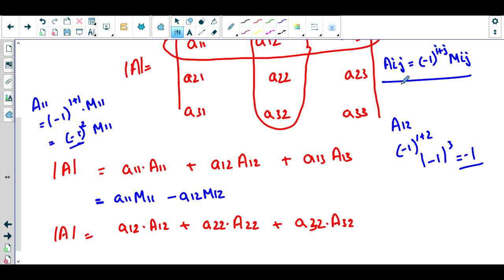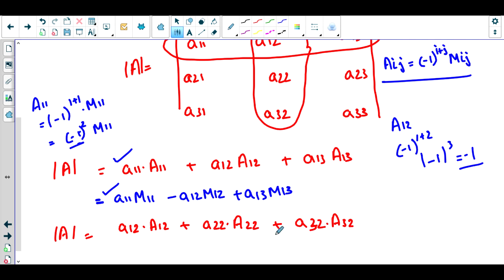So you can replace the value directly also. This one is 3 plus 1, this is 4, so it's even power, so it will be positive. So A13 into M13. Some books will solve questions like this, some will use directly this also. Whenever the sum of the row and column number is odd, surely it will be with a negative sign in the cofactor.